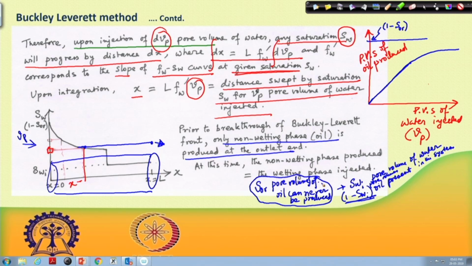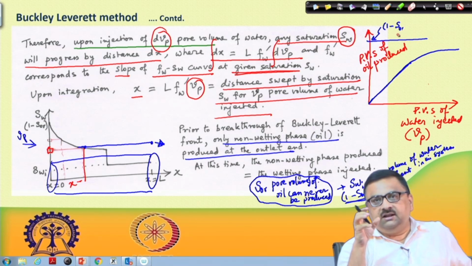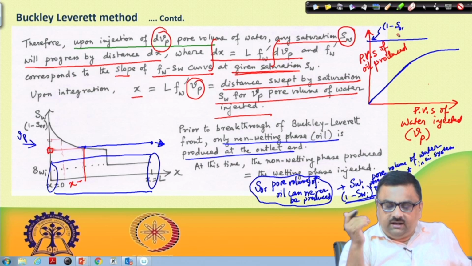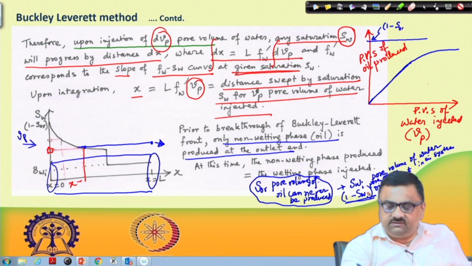So then how much pore volume of oil have I produced? Essentially, it should be 1 minus SOR, since SOR pore volume of oil will remain. Initially we did not have 1 minus SOR.